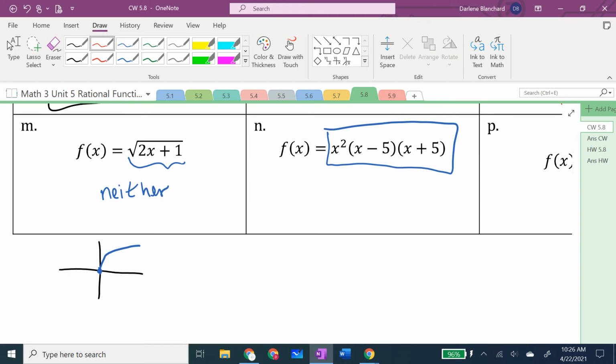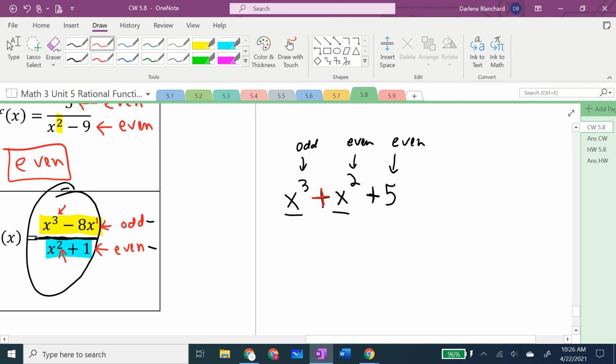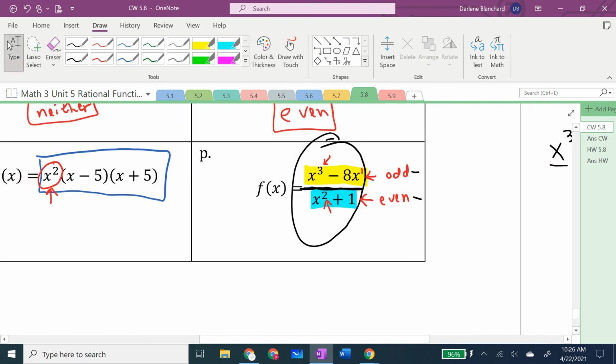So let me start off with saying this factor is an even polynomial. Now there's a difference between a singular polynomial and the addition or subtraction of terms. When we talked about even and odd for rational functions, that was dealing with division of functions that are either even or odd.